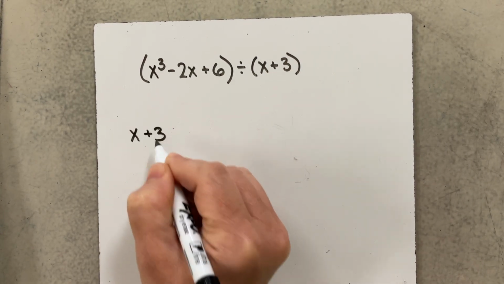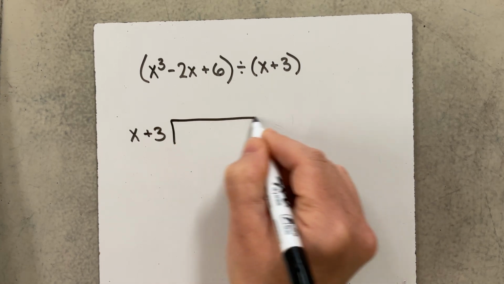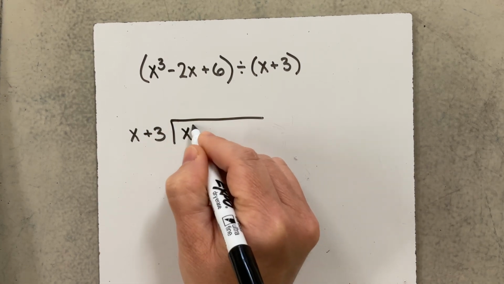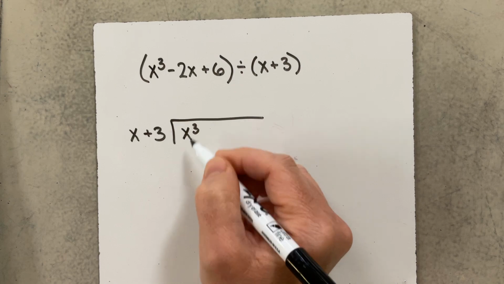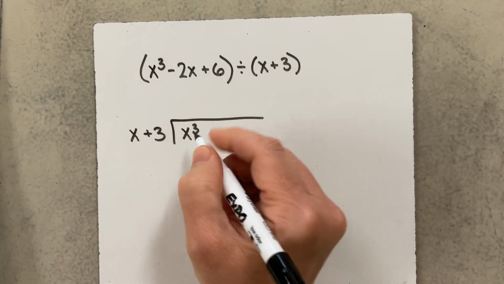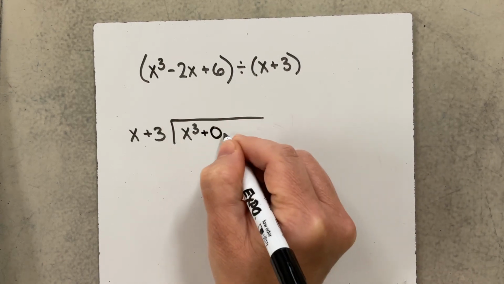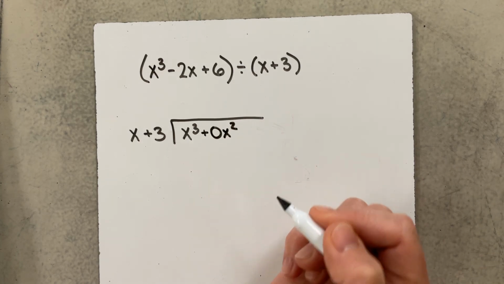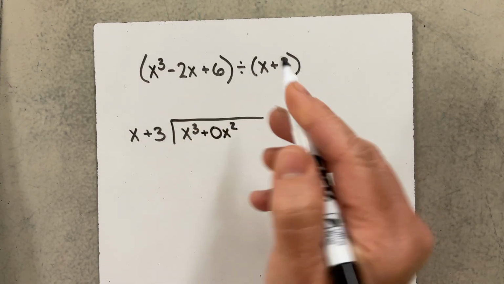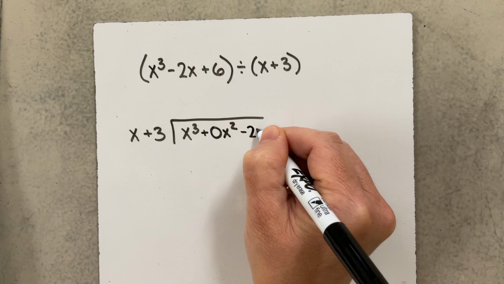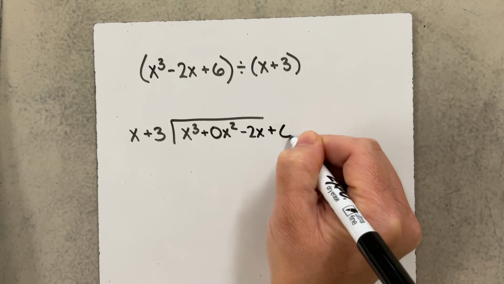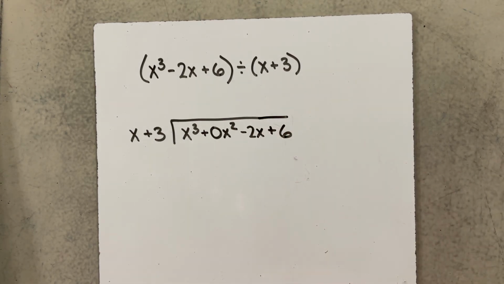My x plus 3 goes on the outside. It's the divisor. The x cubed, but my next term should be an x squared, and I'm missing it. So what I'm going to do is put in just a placeholder, a 0x squared. Now my next one is an x, and I do have an x term, so I can continue from there.